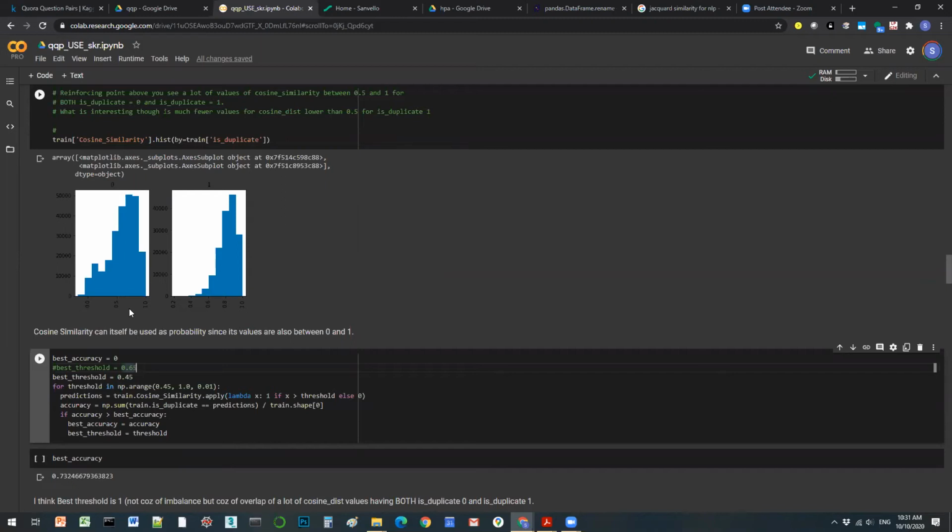So if you're just using probability to be the cosine distance, then you are saying, in effect, and I'm making it binary to drive the point home, that cosine distance between 0.5 and 1 should end up giving a prediction towards is-duplicate being 1, correct?